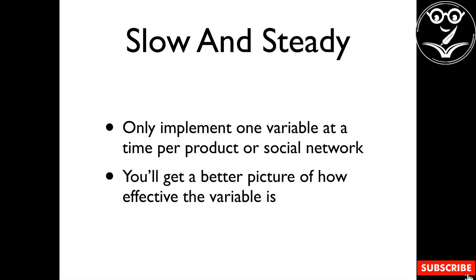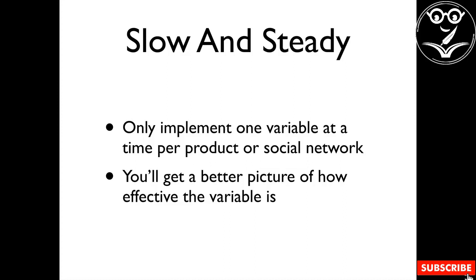The reason is that if you implement too many, you can't identify which variable is leading to the best results. Let's say you use two variables at the same exact time and you get identical results than if you did not use those two variables. The problem is that one of those variables could be doubling your sales, but the other one is halving your sales.